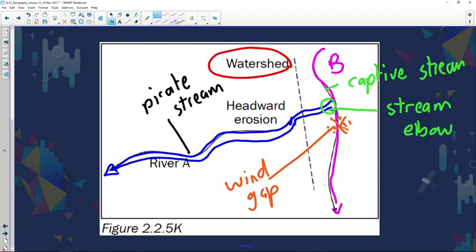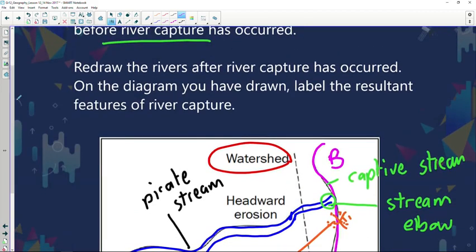And this will be known as the misfit stream. So basically, we just answered your question. Redraw the rivers after river capture has occurred. On the diagram we have drawn and labeled the resultant features.